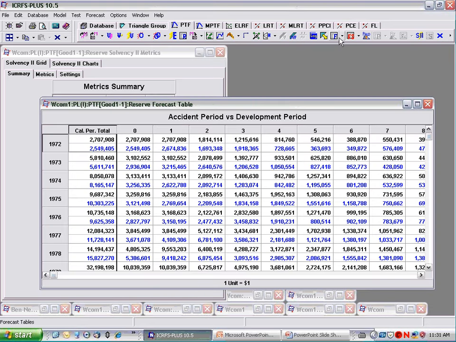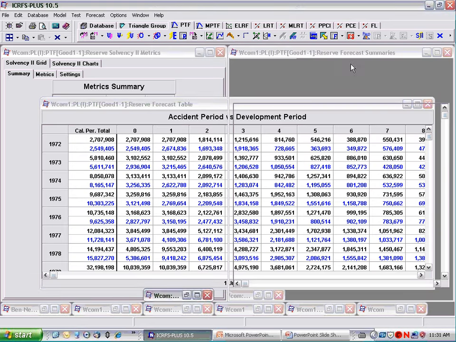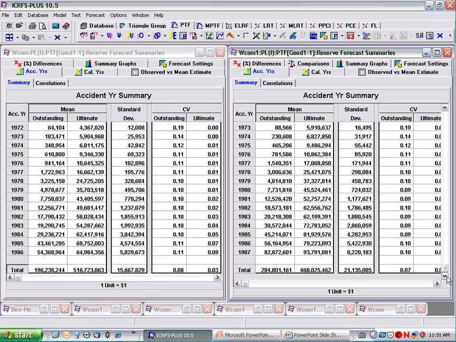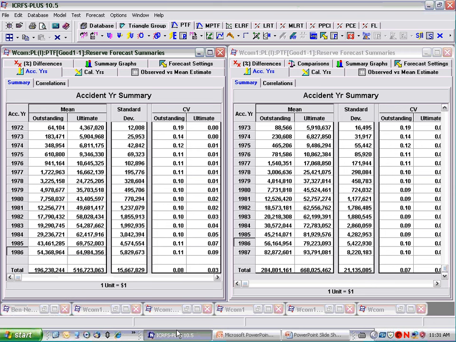So if I compare the two forecast summaries, all the prior year ultimates will actually go up. So let's see now what happens. If you look at the ultimate for 86 at 79, that's not very consistent with 86 of 64. If I make the trend much lower, then of course I'll get much lower answers.